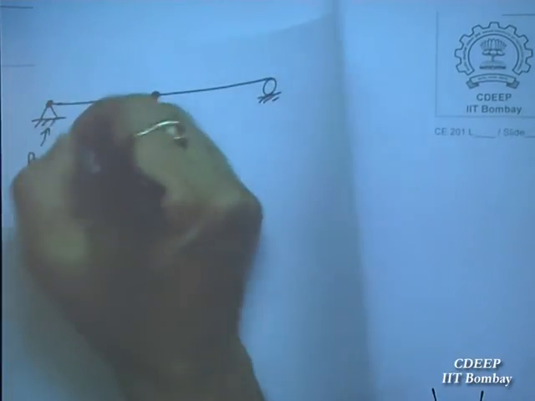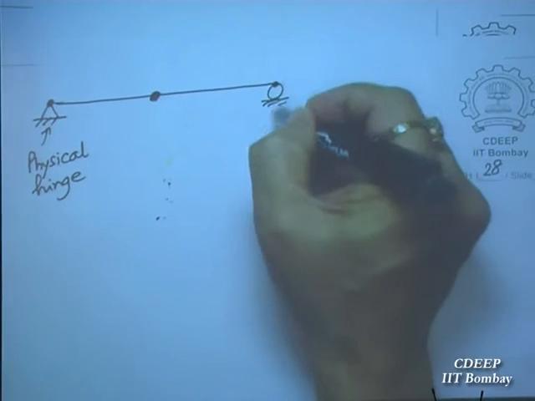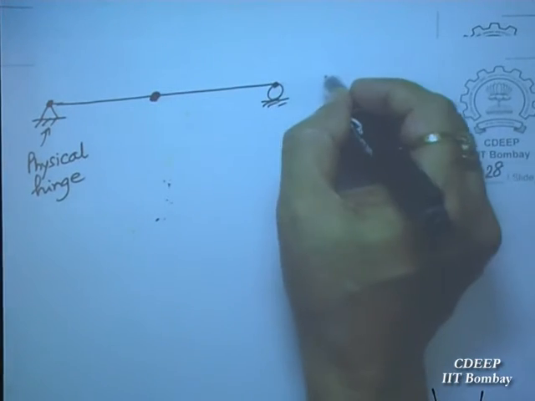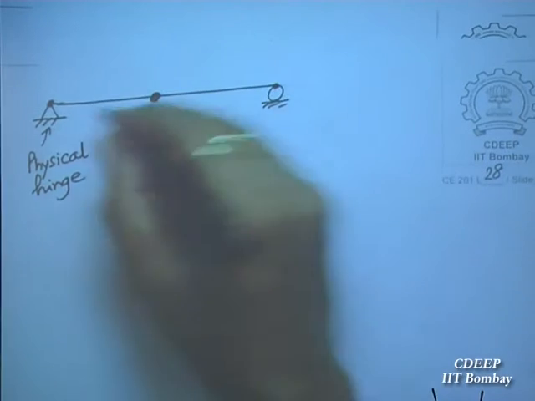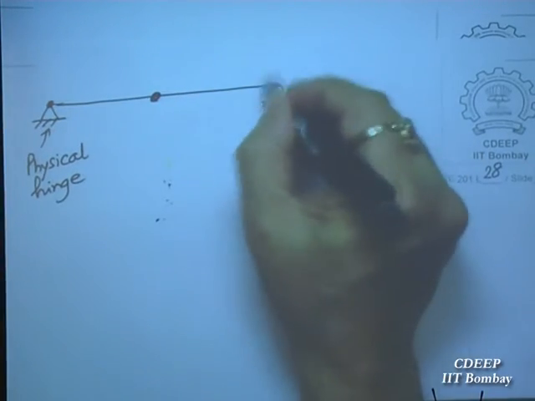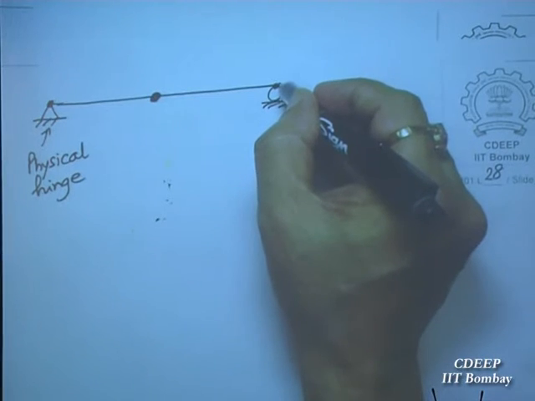It can rotate, it has a freedom to rotate about y axis. And similarly this one only z is 0, it can move in x direction. Roller means it can move in x direction. So this is the difference between a hinge and a roller. It can move in x direction, but this end can also rotate about y axis.